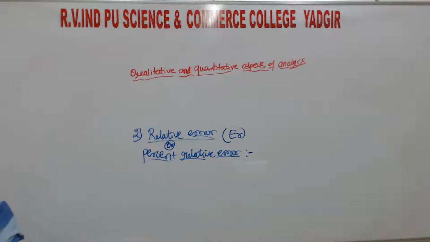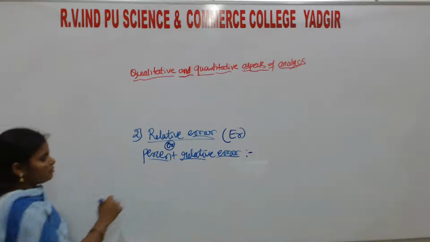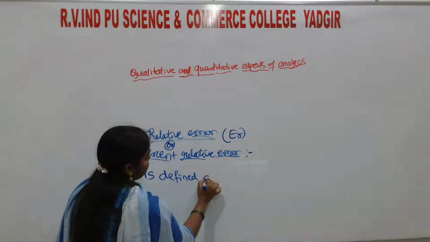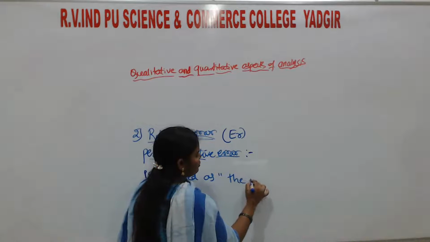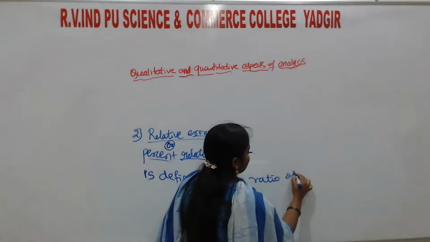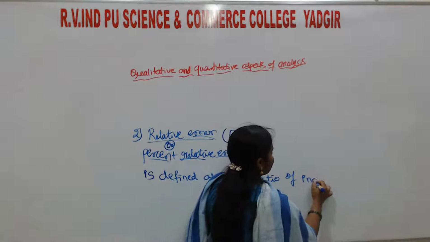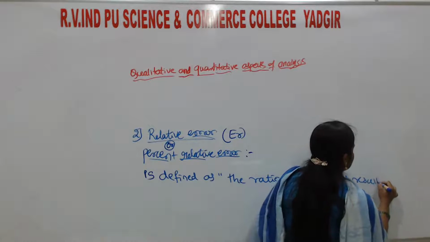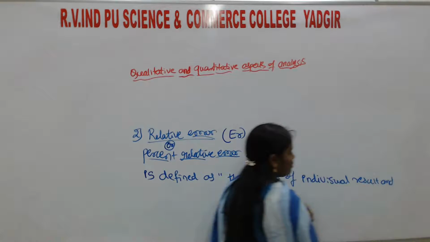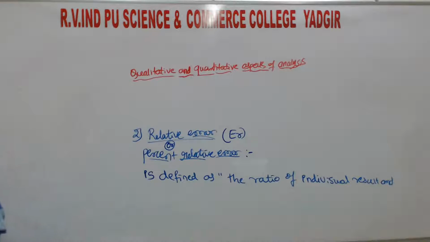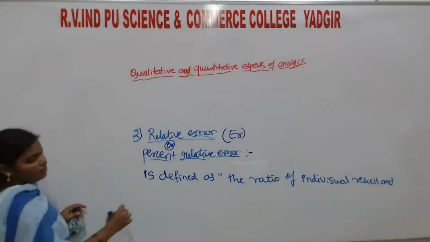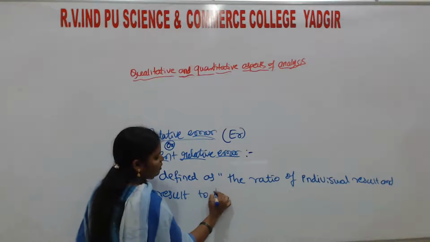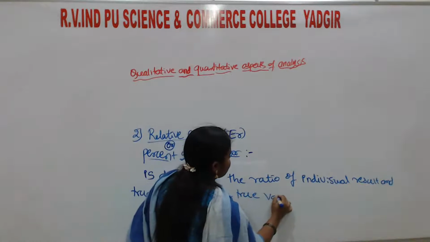The percent relative error or relative error is defined as the ratio of the individual result and true result to the true value.